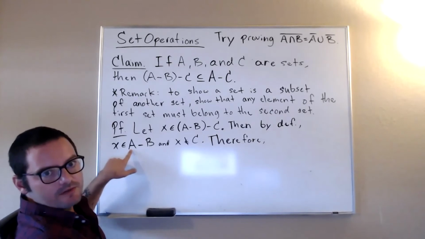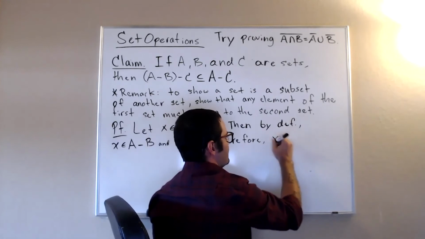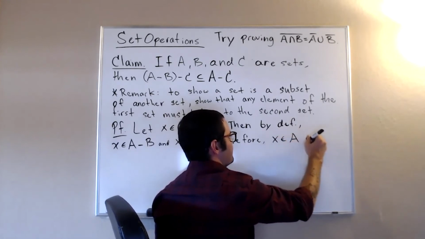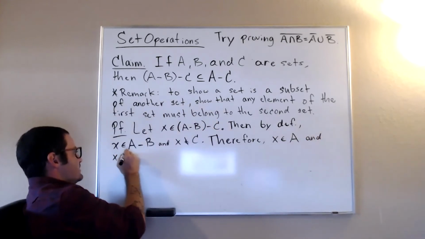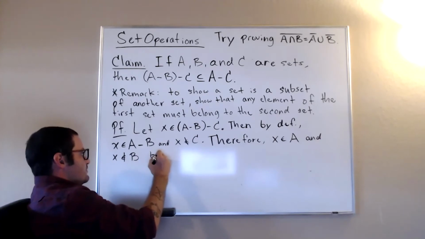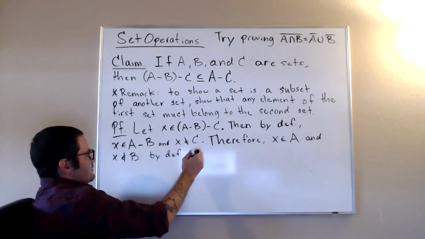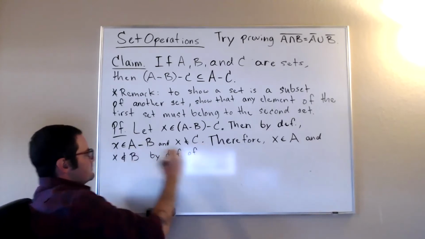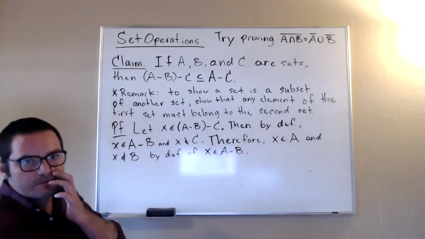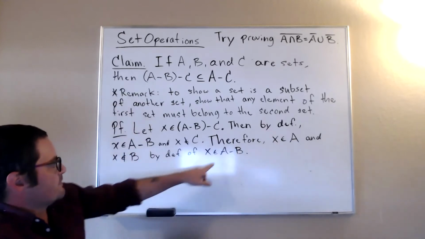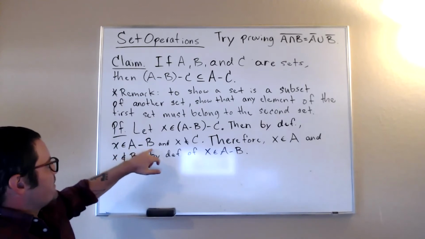So therefore, X is in A and X is not in B, by definition of X in A minus B. Just so the reader will know why you said that. Again, that's just the definition of the set difference. It's in the first one and not in the second one.